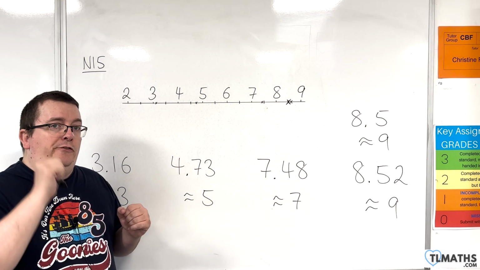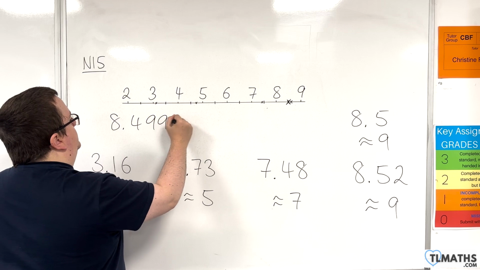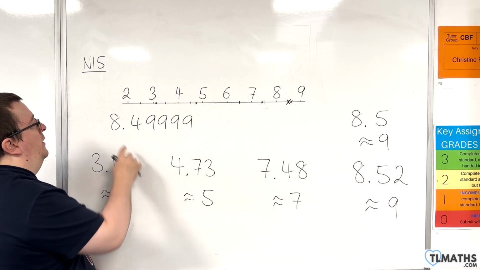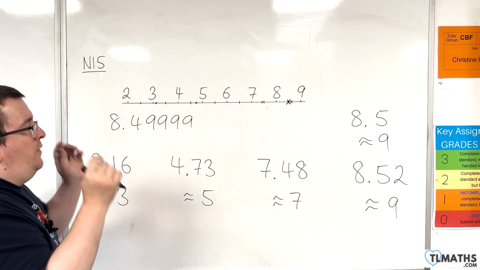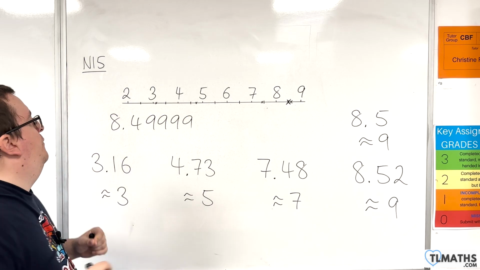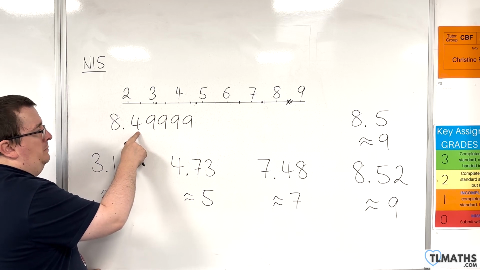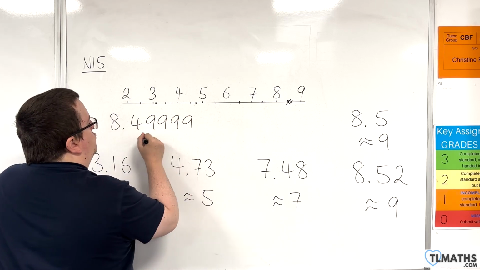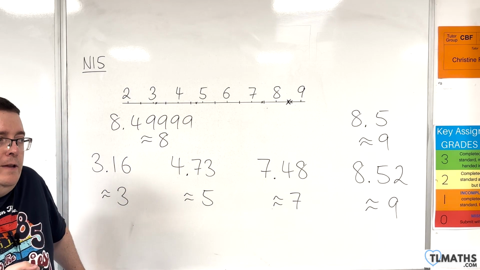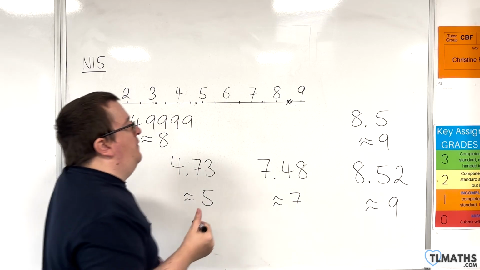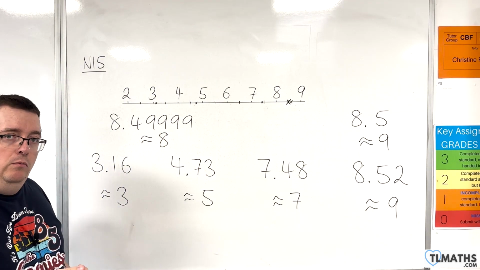So if it's 8.49999, for example, then it's very close to the 8.5, but because this first digit is 4, then we round this down to 8. Okay? But if it's 8.5 something, we round it up.